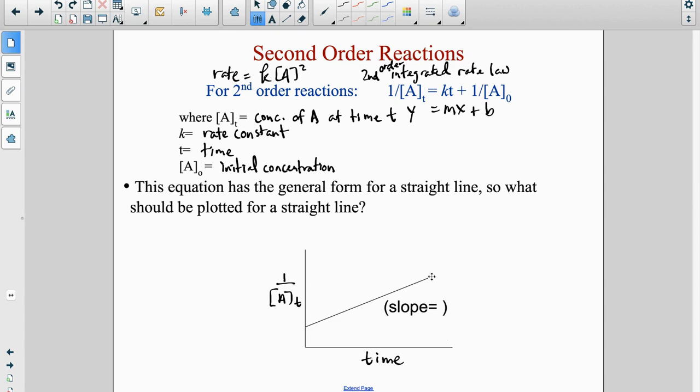And the slope of this line would be k. You can see here, this is mx, t is x here, and k would be the slope. So that's our plot for a second order integrated rate law.